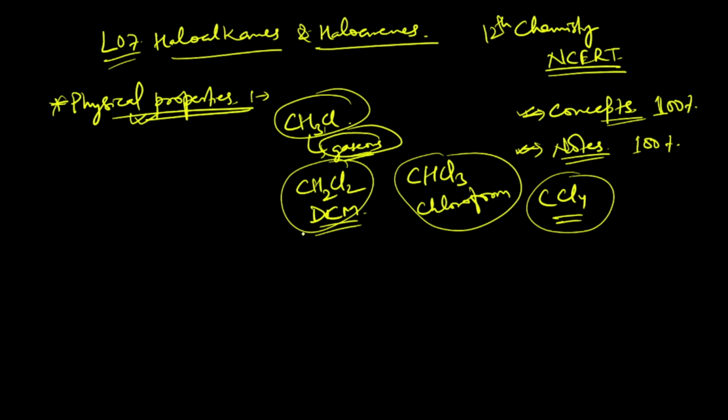As we know, as the molecular weight is increasing, the boiling point will also increase. But there should not be any hydrogen bonding or any type of strong van der Waals interaction present. In these four molecules we don't have any hydrogen bonding, so it depends on molecular weight.